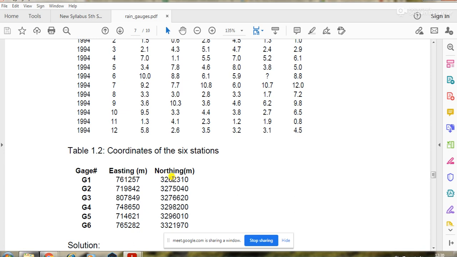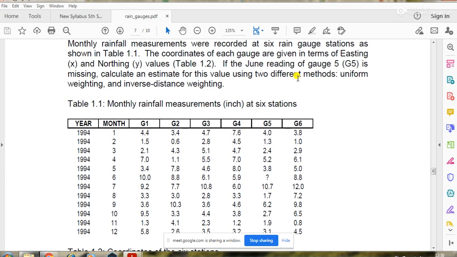Now we will be going for the solution using these 2 methods, uniform weighing and inverse distance weighing. So definitely with the help of these 2 methods, we'll be going for the solution. We'll start with the uniform weighing method.